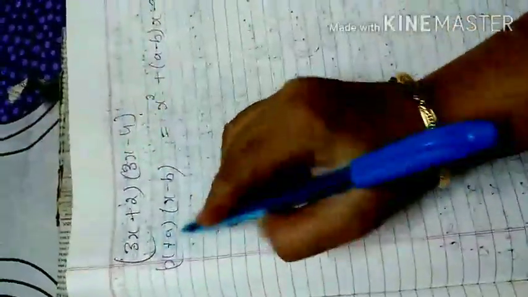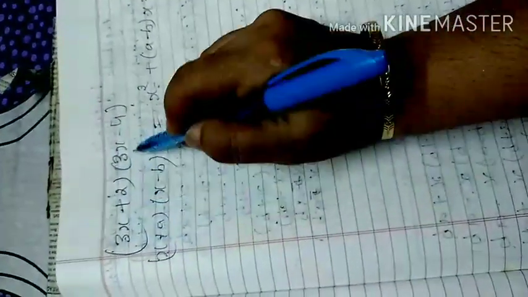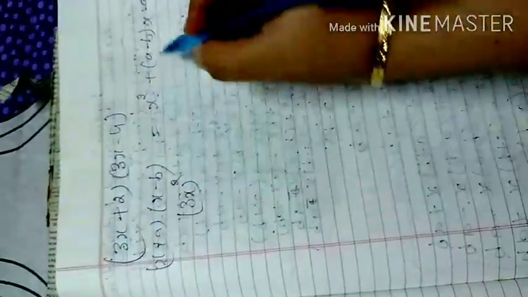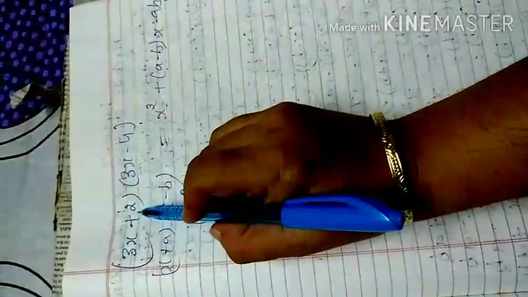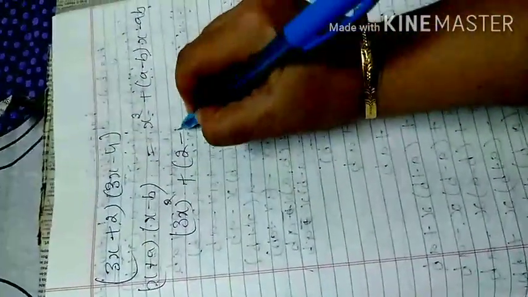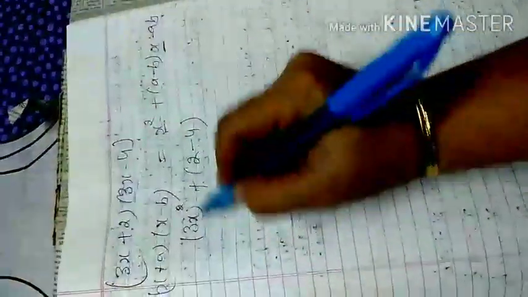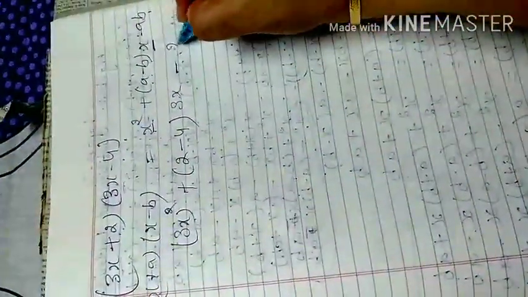If I apply the formula here, instead of x, the first term here is 3x, so I write (3x) whole square. Now next, here a minus b, in place of a there is 2 and in place of b there is 4. And in place of x, whatever x is here, that is 3x, so it should be written as 3x, then negative, then you have to multiply this 2 into 4, whatever your ab terms are.